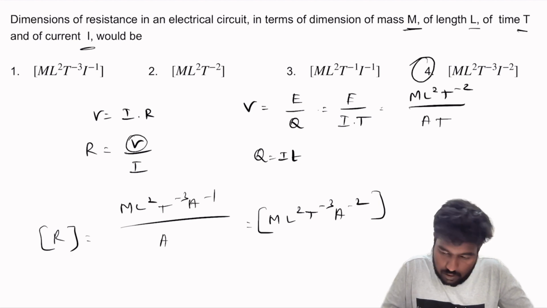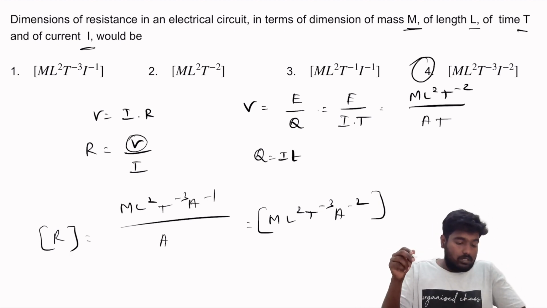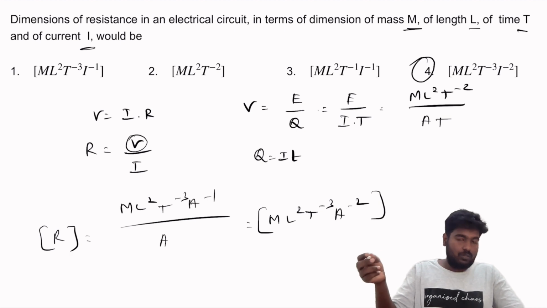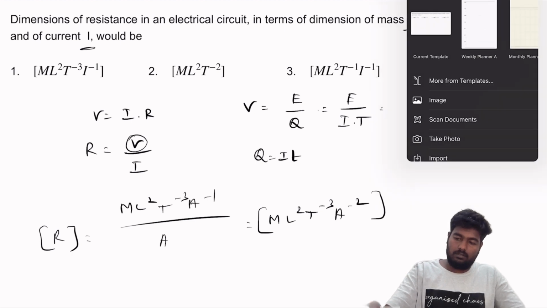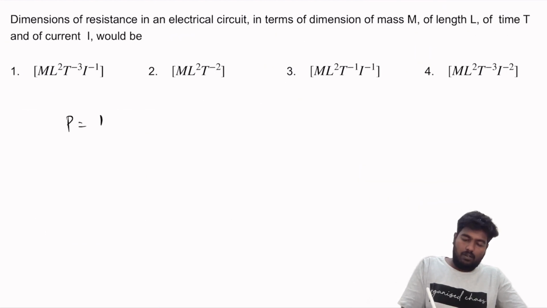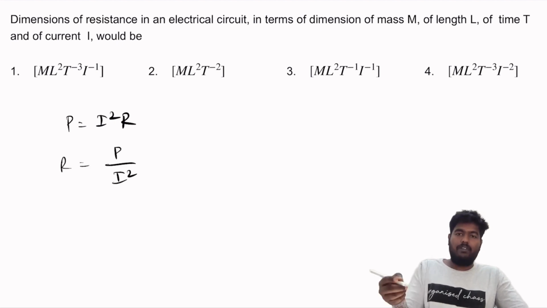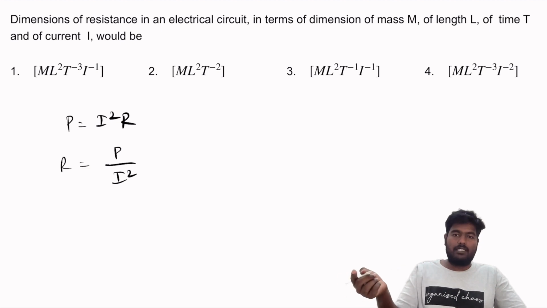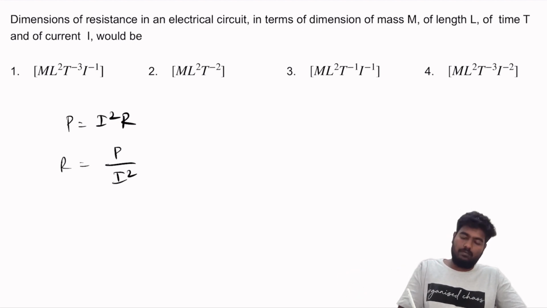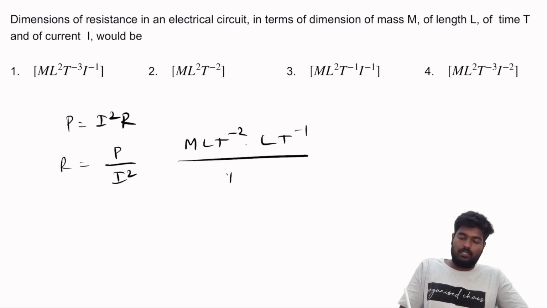You can also use a different formula. You know that P equals I^2 R. From this you can derive R equals P divided by I^2. Then power is force into velocity. So it's M L T^-2 into L T^-1 divided by I^2, which is just ampere squared.